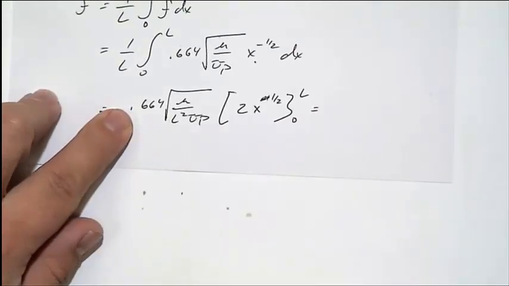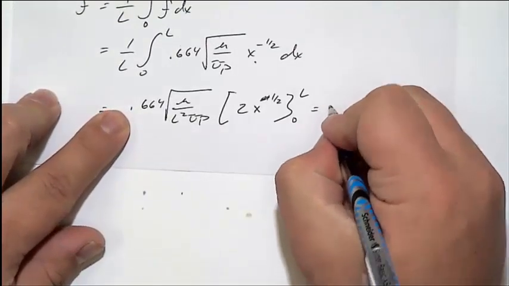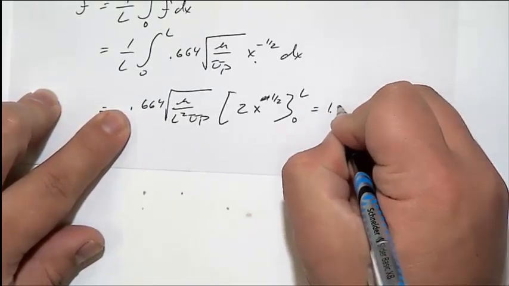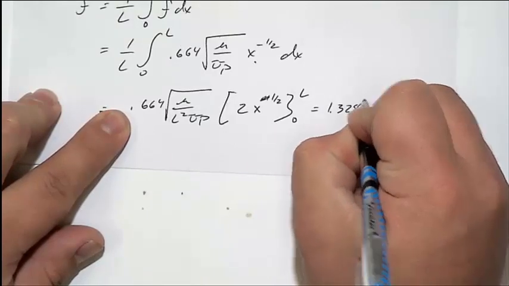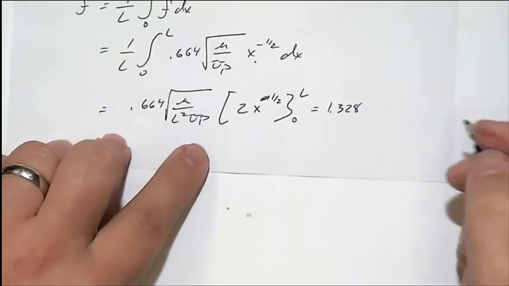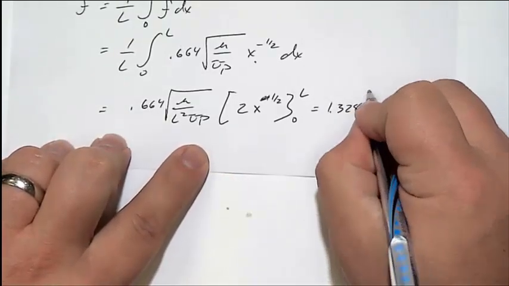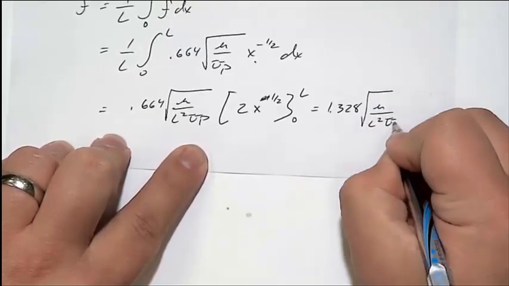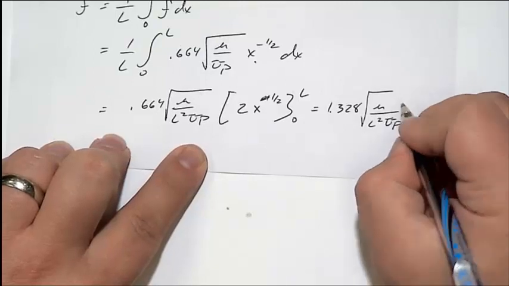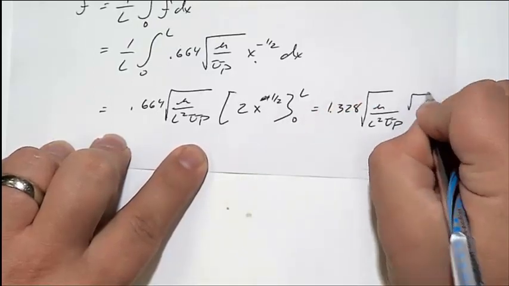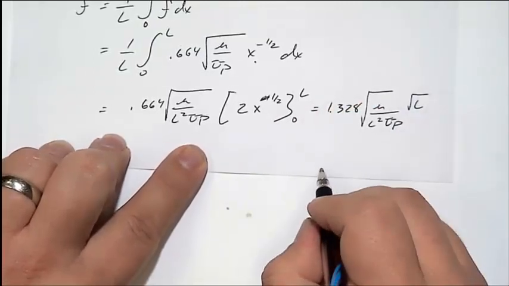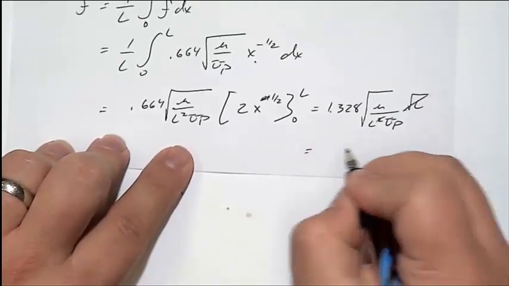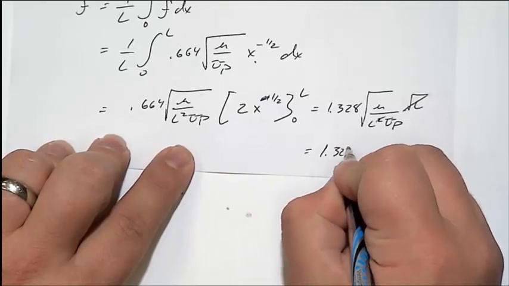So when I do this, it's 2 times this value. So it works out to be 1.328 times mu over u L squared velocity rho, and then this is square root of L. So one of these terms cancels out with that.